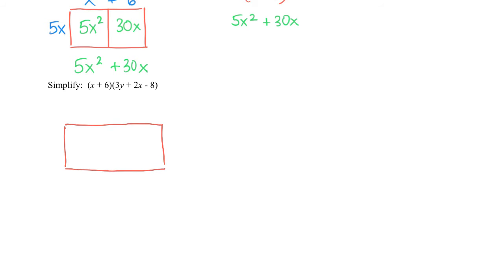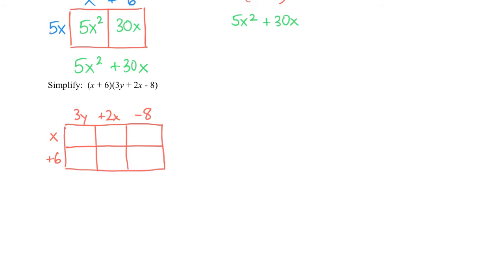Now this time, my first expression is a binomial, so I have to split my rectangle in half so that I can have x and then plus 6. And my second expression is a trinomial, 3 terms, so I need to split this into 3 columns as opposed to 2 columns in the last example. So now I have 3y plus 2x, and then I have minus 8.